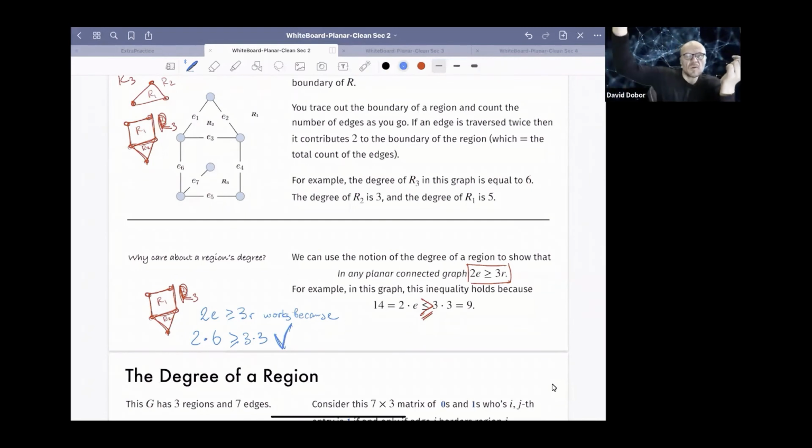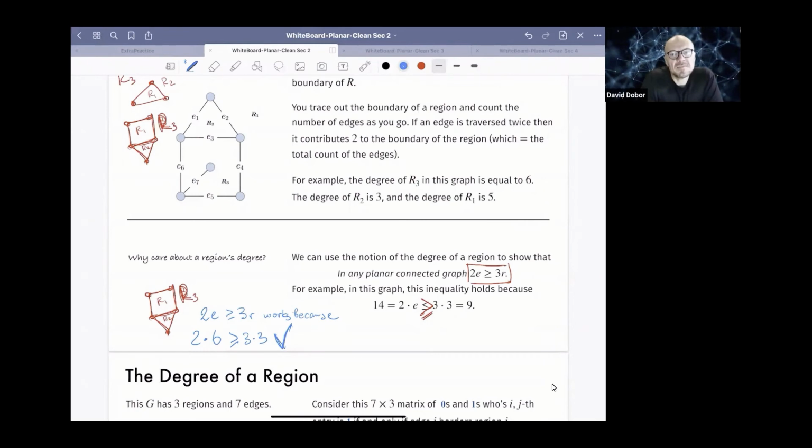So when you're going through an edge, you have one region on one side and another region on the other side. So you always have 2 regions on the sides of each edge.